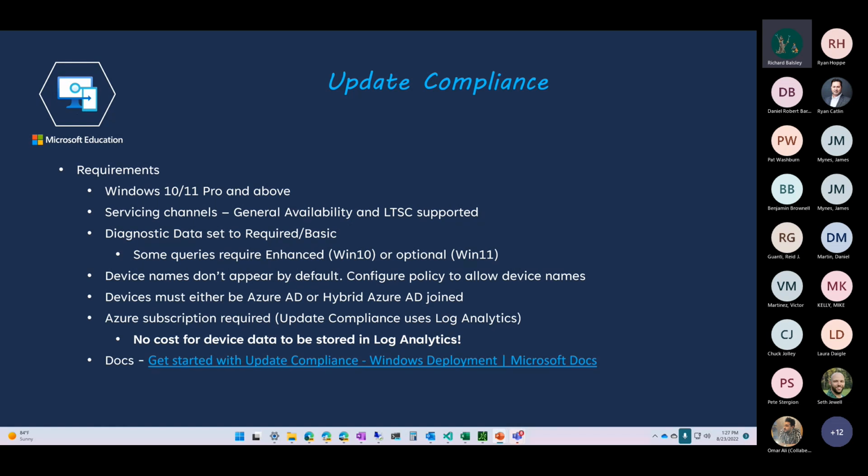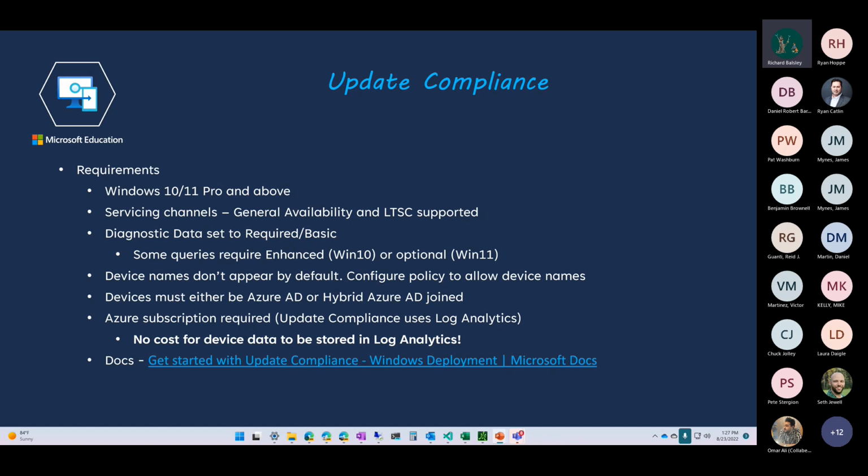But in order to get to that point, we need to first set it up. The requirements are that this is only for Windows, so Windows 10 and 11 Pro or above; we're not going to be dealing with Home. For servicing channels, we really only support two: the general availability channel, which used to be the semi-annual channel, or the long-term servicing channel.